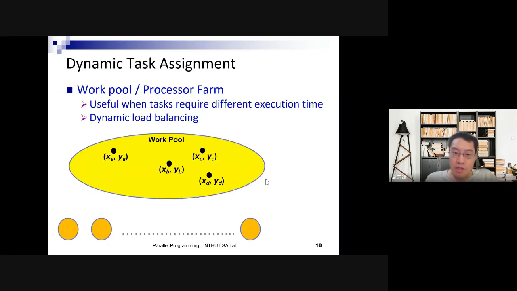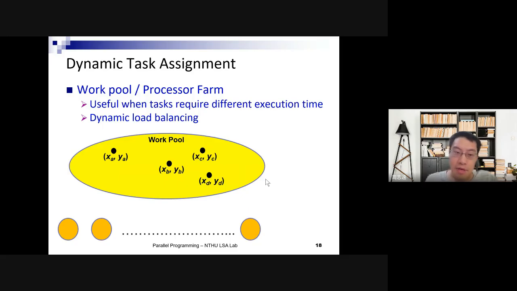So dynamic scheduling, you have actually already seen before from OpenMP. Remember, you can easily set it by some clauses when you use the for directive. So you can choose different scheduling algorithms, including the static scheduling algorithm and the dynamic scheduling algorithm.